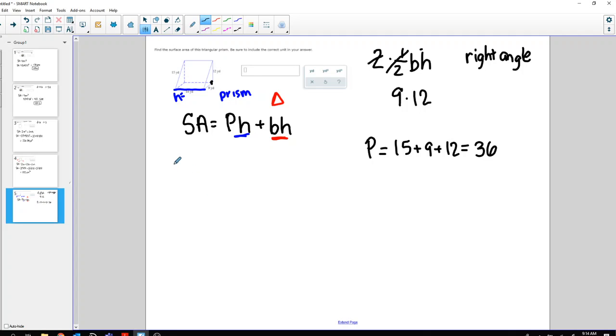So when I plug these into my formula, the surface area equals the perimeter, which is 36, times the height of the prism, plus the area of the two bases, which, because they're triangles, ends up being just 9 times 12. So I get a surface area of 612. And again, my units are always going to be the units squared, or yards squared in this case.